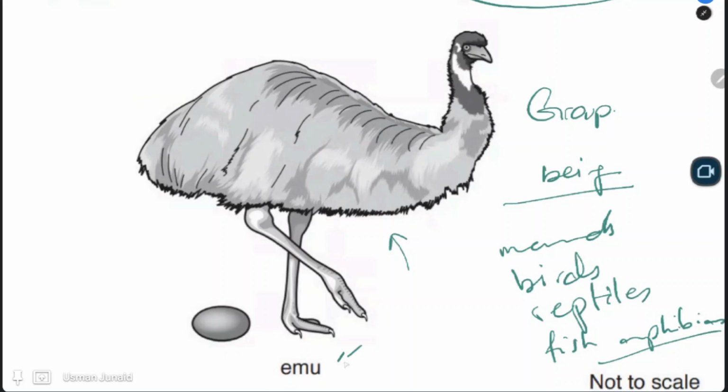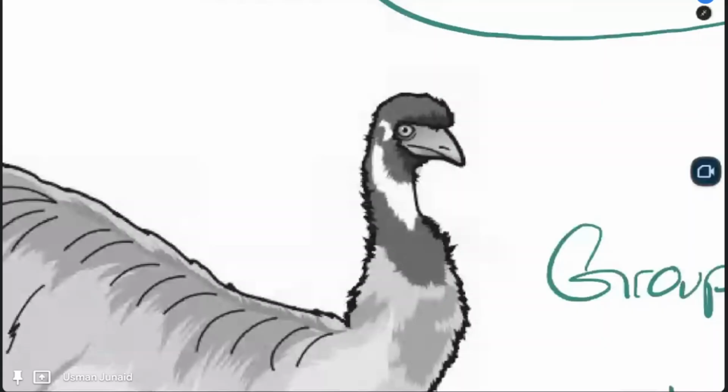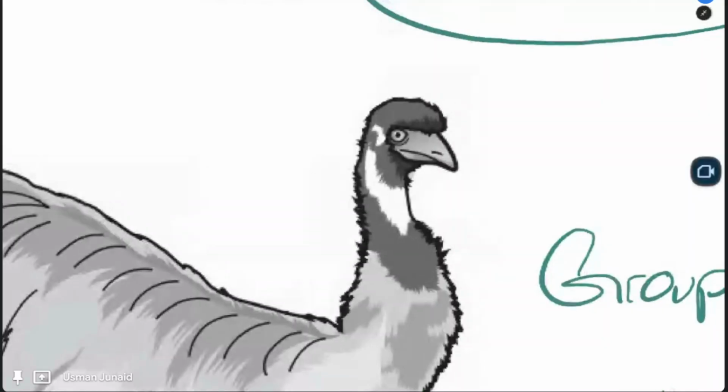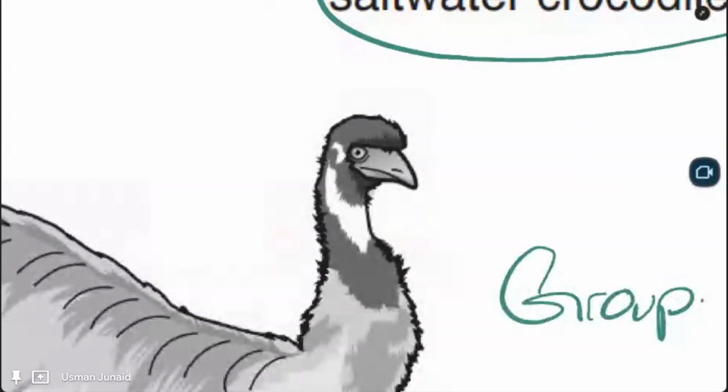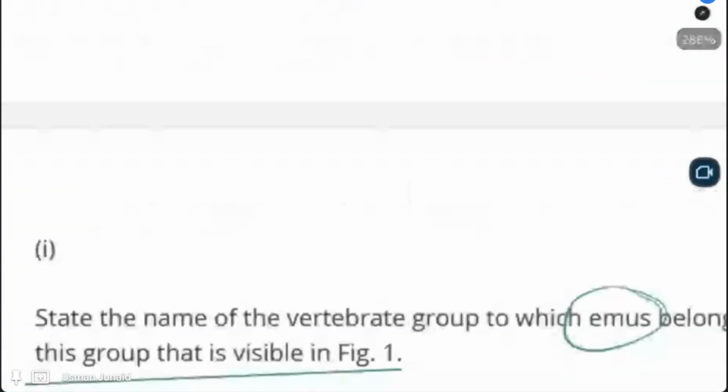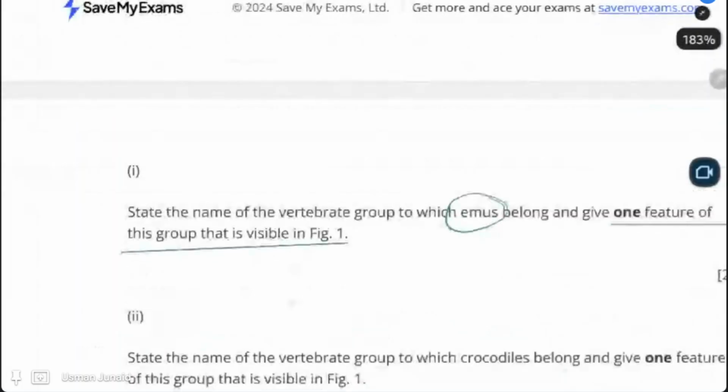We're talking about this. What does it look like? Bird. Can you tell? Yes. So it is a bird, right? So it is a bird.